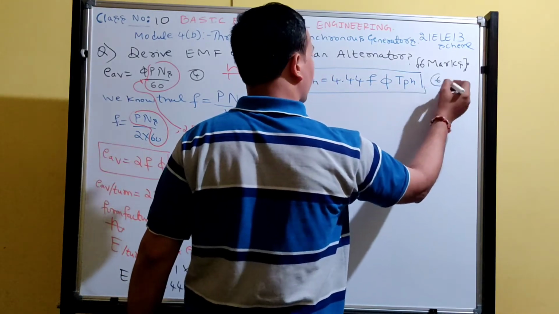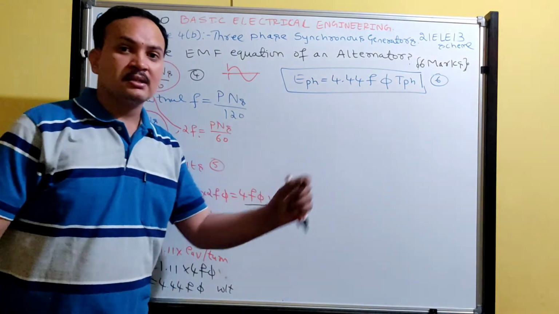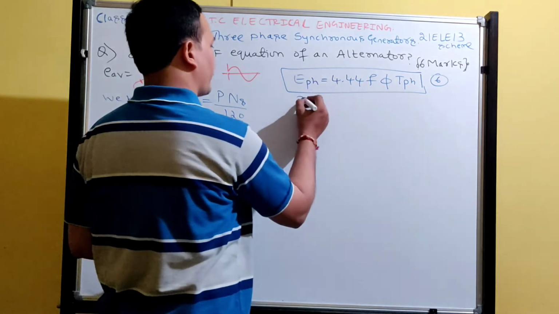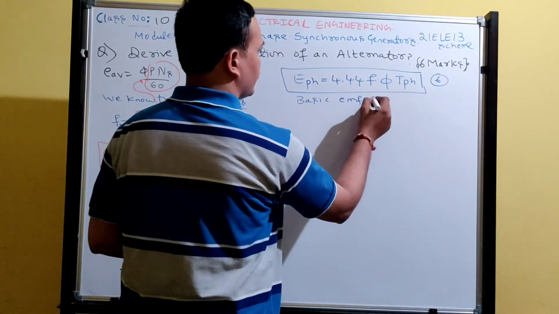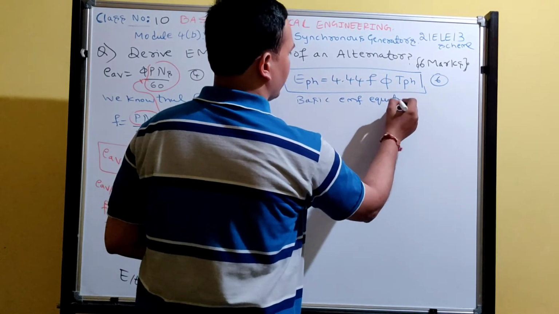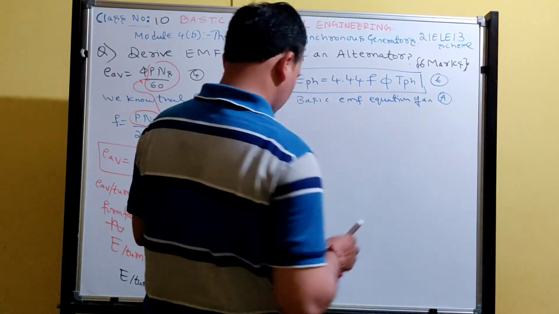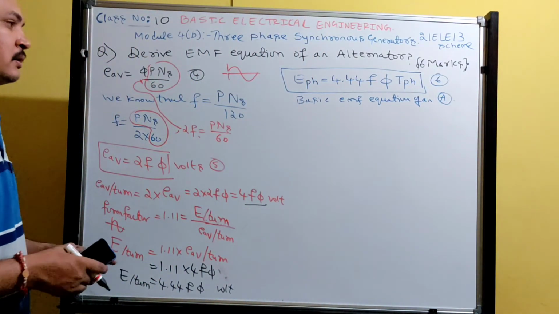Take this as equation number 6. Below this you write, equation 6 is the basic EMF equation of an alternator. Then what is the exact EMF equation of an alternator?